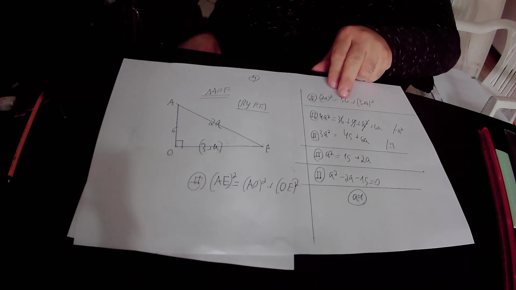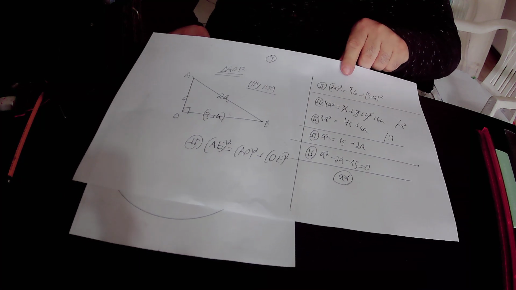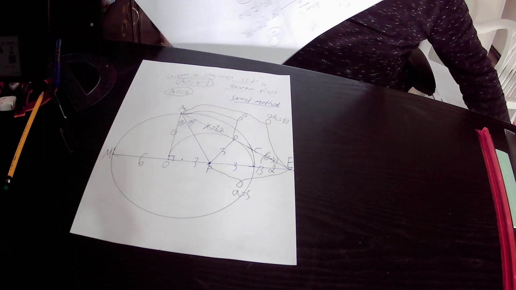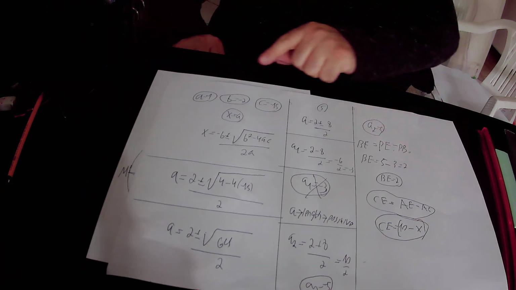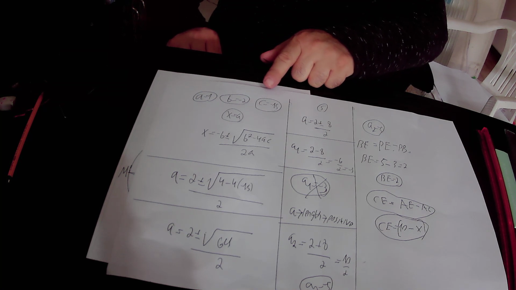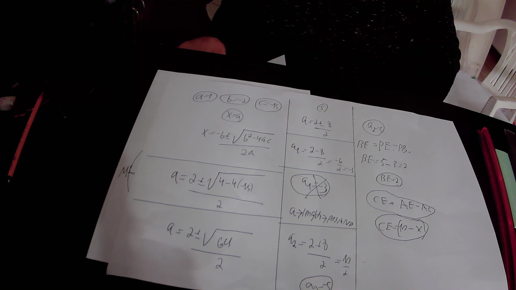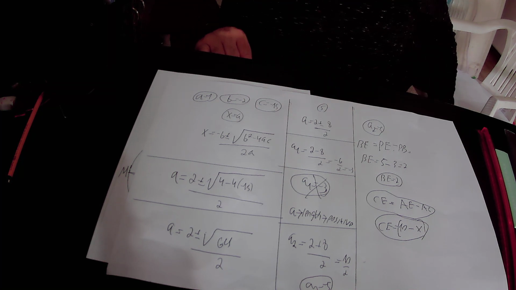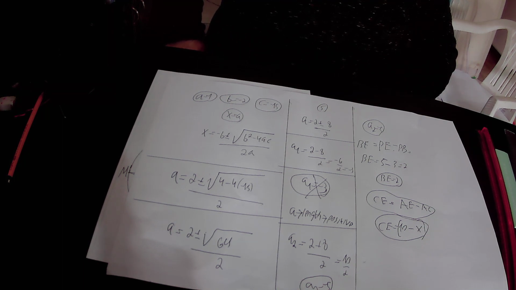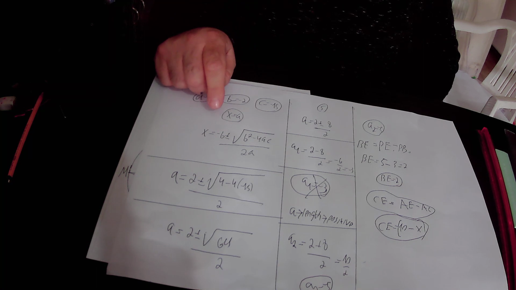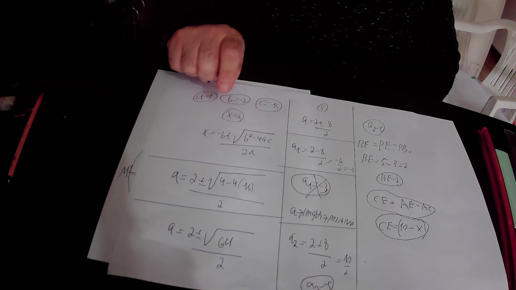So we have here a quadratic equation. In this quadratic equation, the coefficient a equals 1, the coefficient b equals minus 2, and the coefficient c equals minus 15, and the variable that we are looking for is A. The formula for finding the value of the variable of a quadratic equation is x equals minus b plus or minus the square root of b squared minus 4ac, over 2a.